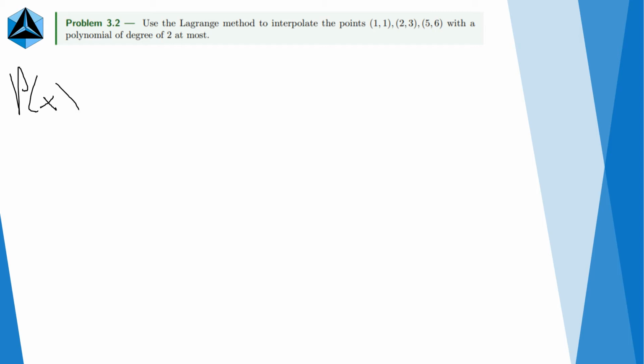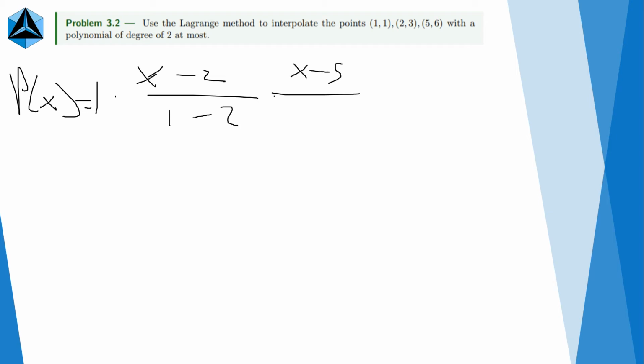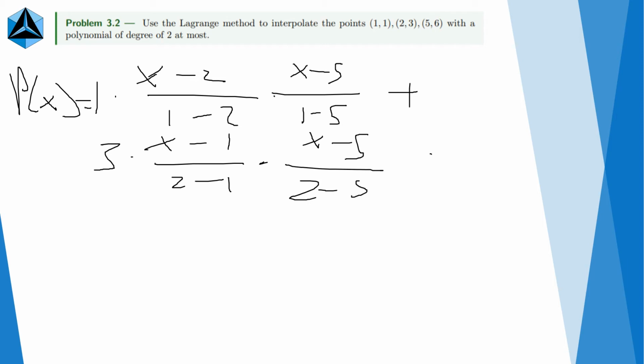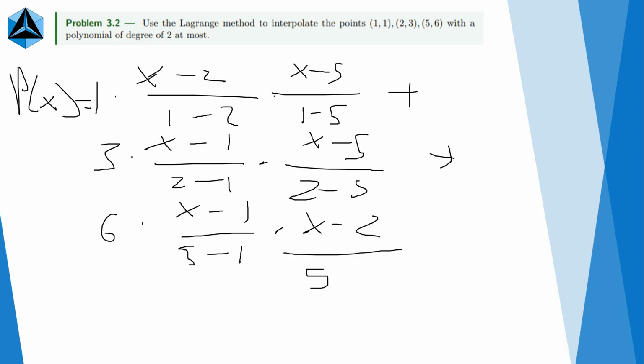P of x is equal to 1 times x minus 2, so that's the second point, divided by 1 minus 2, times x minus 5 divided by 1 minus 5, plus, now we're going to go to the second point, 3 times x minus 1 divided by 2 minus 1 times x minus 5 divided by 2 minus 5, plus 6 times x minus 1 divided by 5 minus 1 times x minus 2 divided by 5 minus 2.